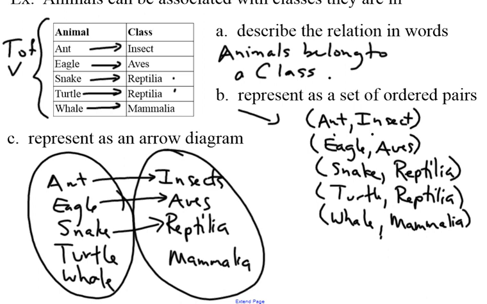Snake is reptilia. Turtle is also reptilia. So I can show that a snake and a turtle belong to the same object within that set. And a whale is mammalia. So different sets of data can be shown different ways.